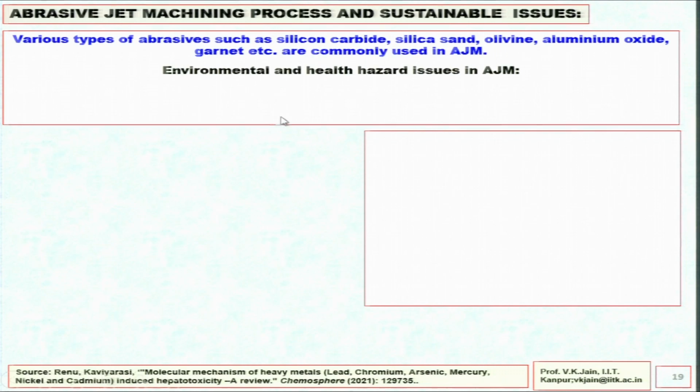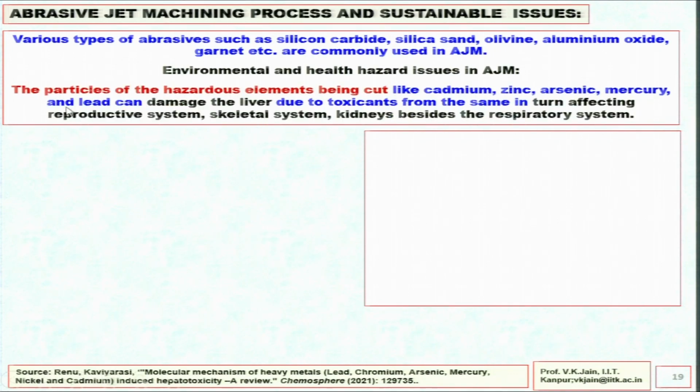Environmental and health hazard issues in AJM: the particles of the hazardous elements being cut like cadmium, zinc, arsenic, mercury and lead can damage the liver due to toxicants from the same, in turn affecting reproductive system, skeletal system, kidneys, beside the respiratory system.